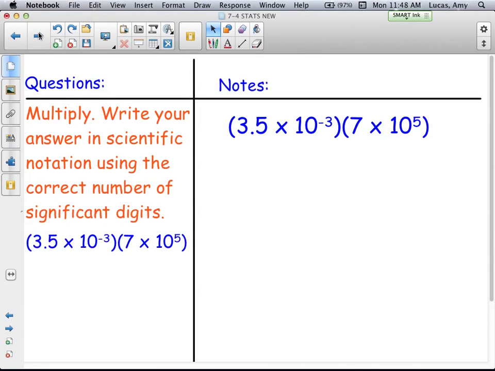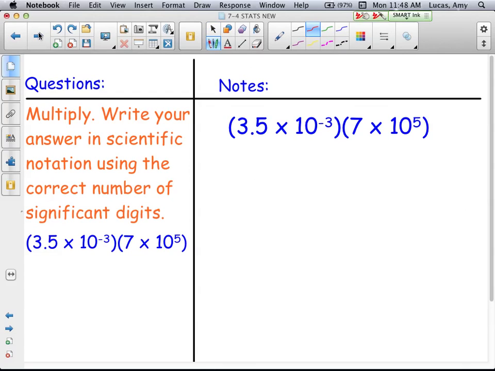Okay, my next one says multiply. Write your answer in scientific notation using the correct number of significant digits. Now in this problem, the decimal part, 3.5, has 2 significant digits in it. And this 7 has only 1 significant digit.